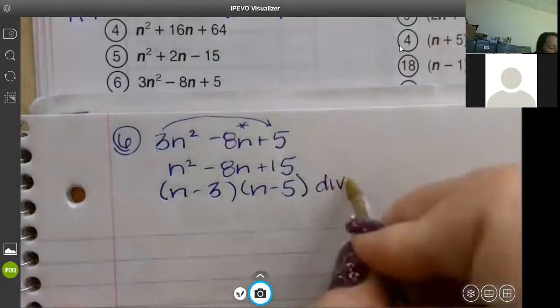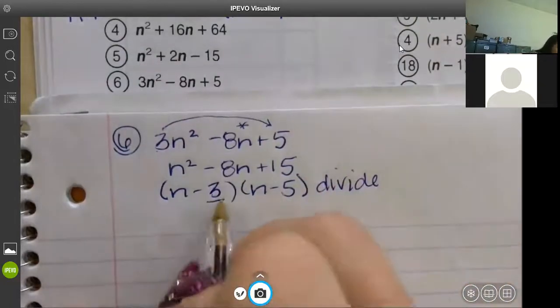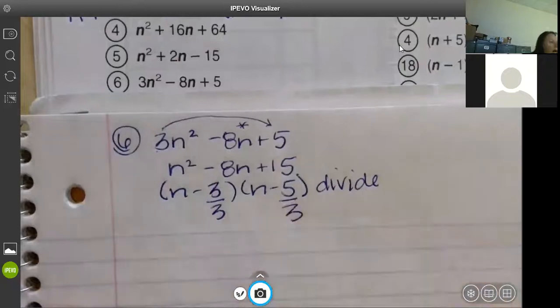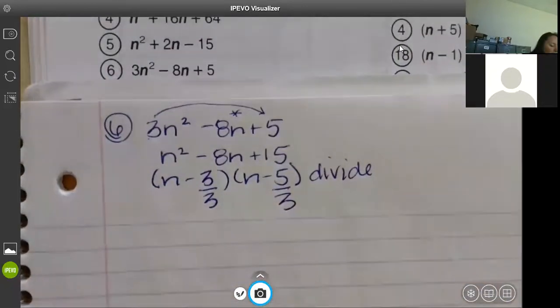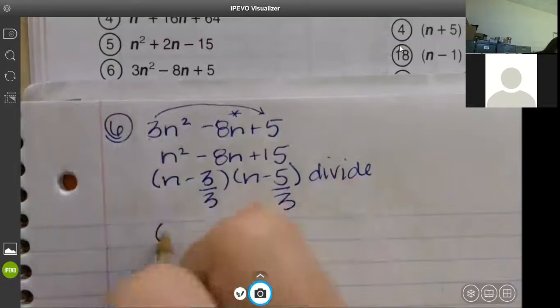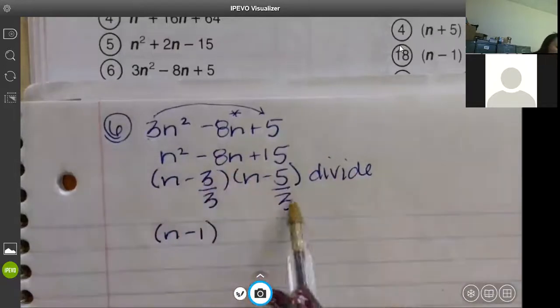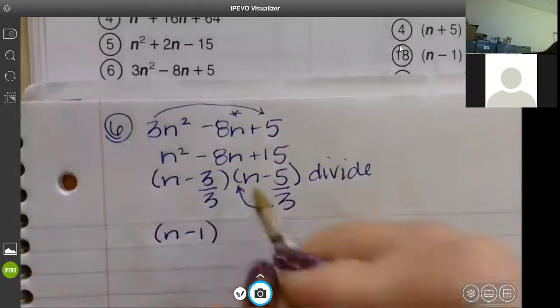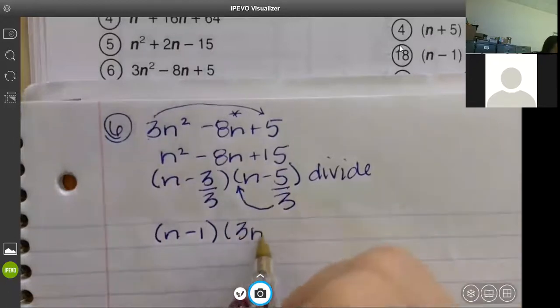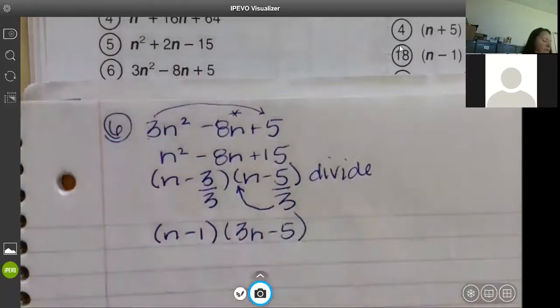Now I have to divide. I slid the 3, so slide and divide by 3. What is 3 divided by 3? 1. And then this one won't fix itself, so we're going to put it in the front and get 3n minus 5.